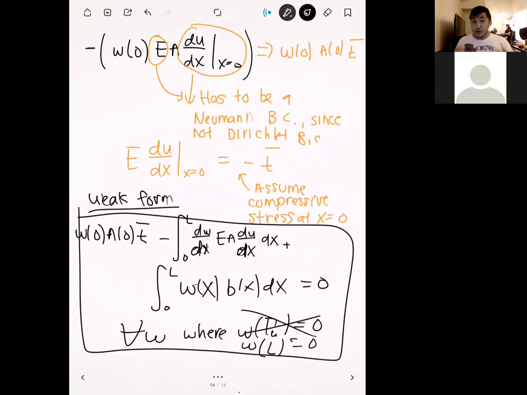So it's different from the strong form. For the strong form, remember, we had a differential equation, and then our two boundary conditions that were separate. But in the weak form, one of the nice things is that our boundary conditions are just baked right in. So we just have one equation. Granted that we know some of the conditions on our W, but besides that, everything else is baked exactly into this expression.